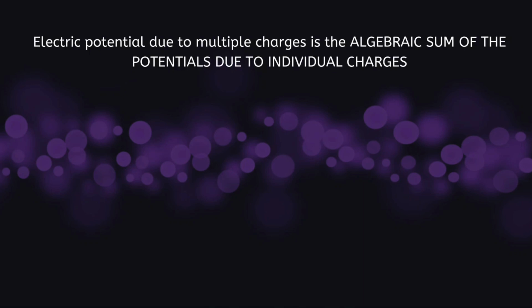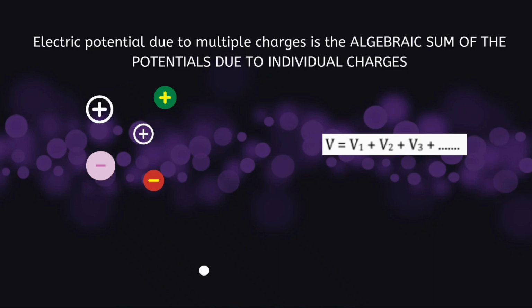For example, there is Q1, Q2, Q3, Q4. Like this there are a few charges. Now due to all these charges at a point, if you want to find the electric potential, then we have to take the electric potential at that point as a summation of individual charges. That is, V is equal to V1 plus V2 plus V3 plus so on.